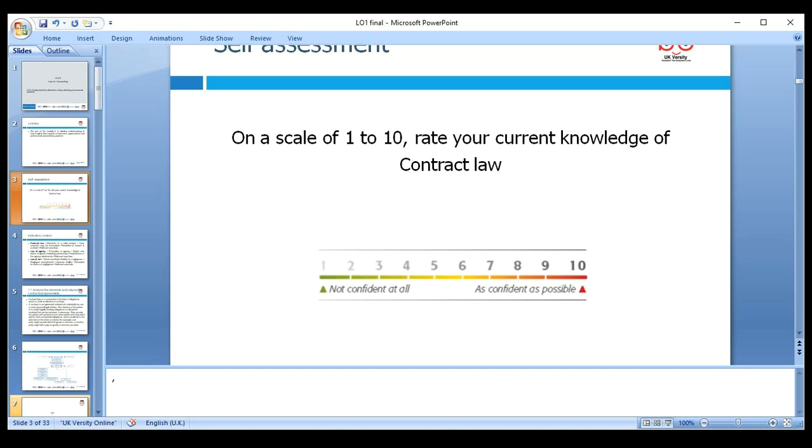So offer, acceptance and consideration, and it becomes a contract. If somebody calls you on the phone and says yes, and you say yes, you accept it, it becomes a contract, even if you haven't signed any paper or documents.